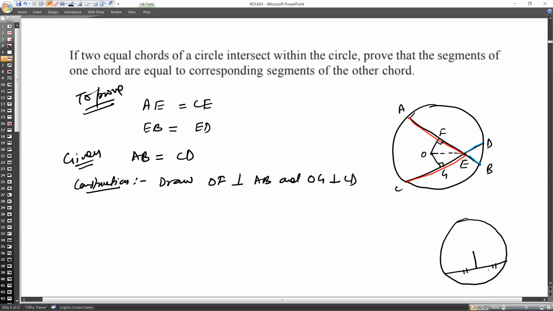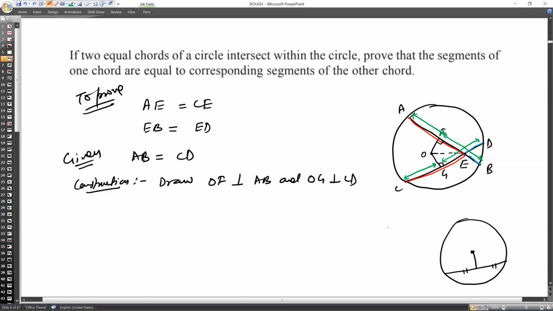So in this triangle, this portion is equal to this whole portion, and this portion is equal to this portion, because the perpendicular is going to bisect this chord and this chord.